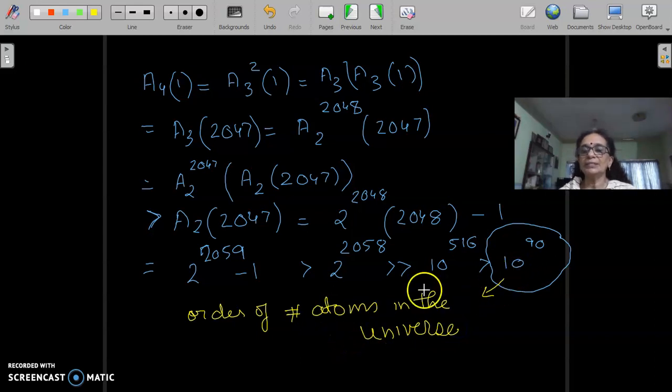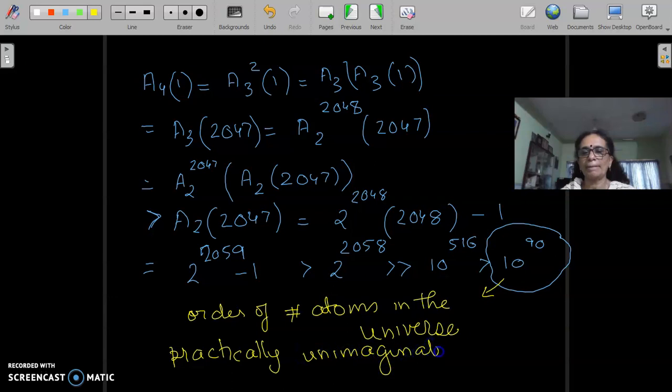So it means that 10 raised to 516 is a practically unimaginable number.